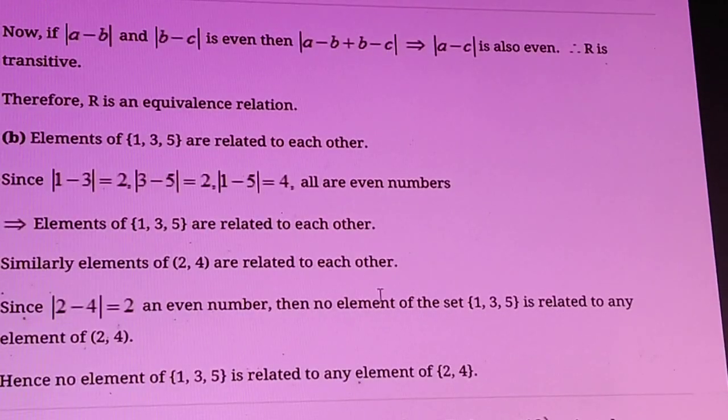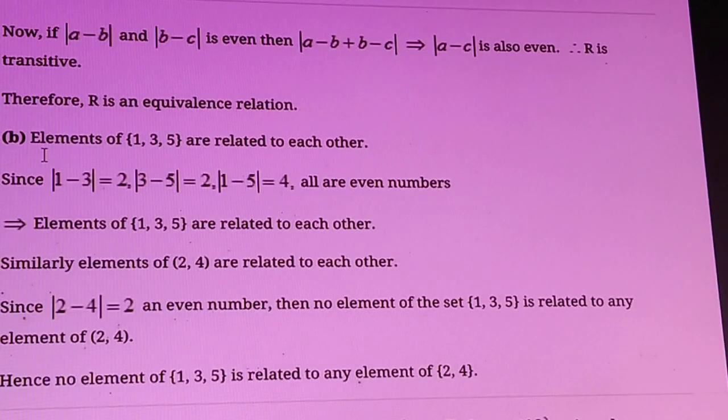Now if |a − b| and |b − c| are even, then |(a − b) + (b − c)| implies that |a − c| is also even, because b cancelled, so it becomes a − c is even. So R is transitive. Therefore R is an equivalence relation.